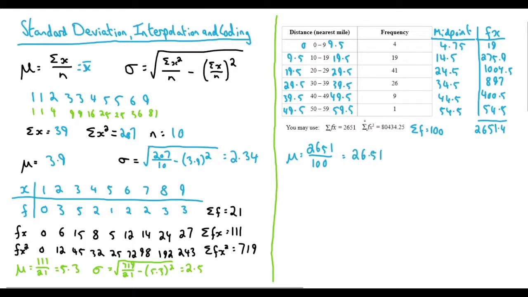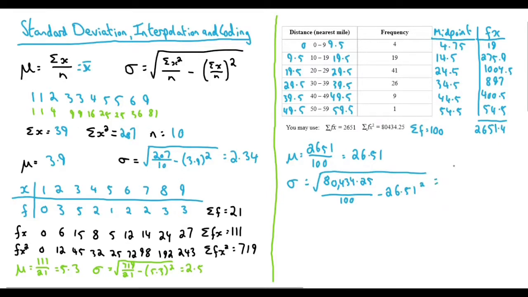Then, as for your standard deviation, we use their value of the fx squared, so the 80,434.25 over that 100 minus 26.51 squared.